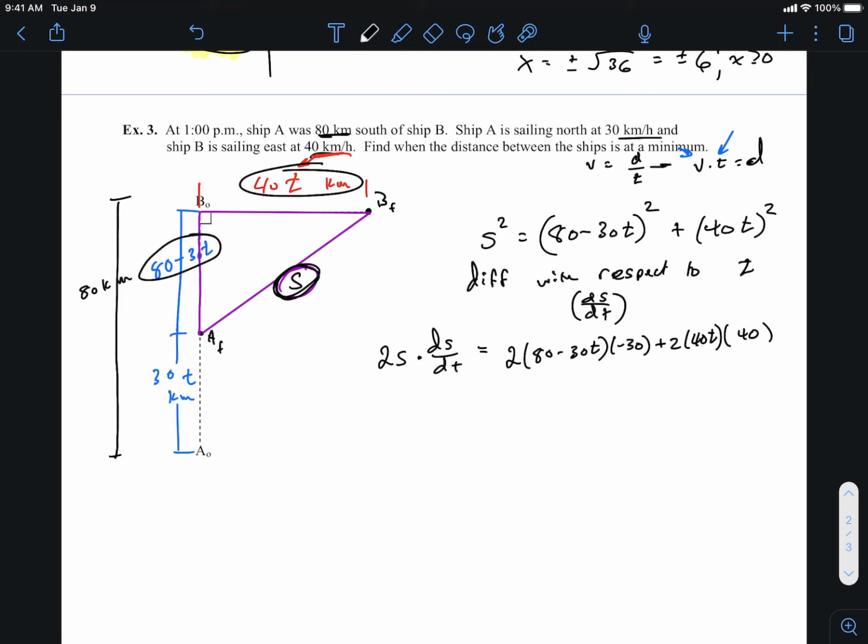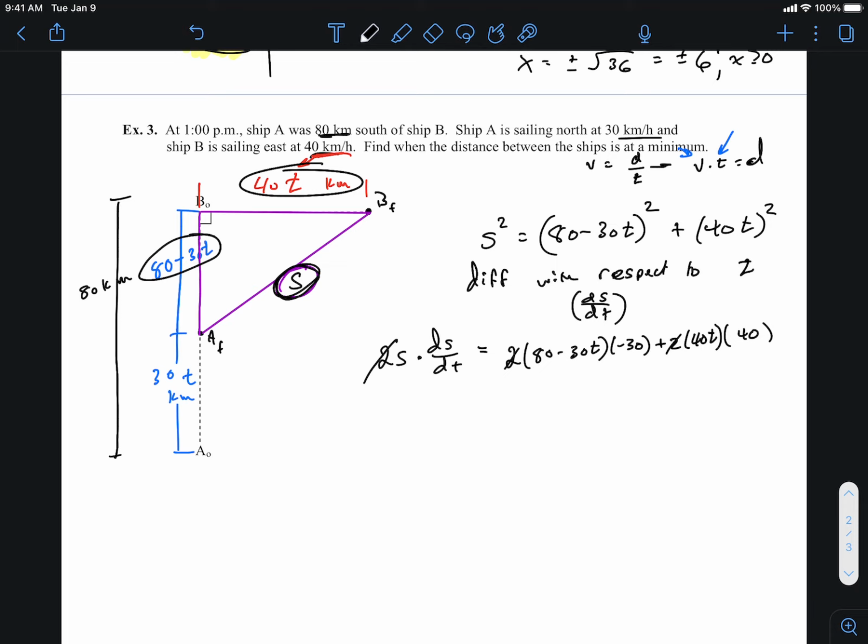There's your derivative. So if I were to clean this all up, I could factor out a 2 from the right. So the 2s cancel, no problem, because I would have factored it out.